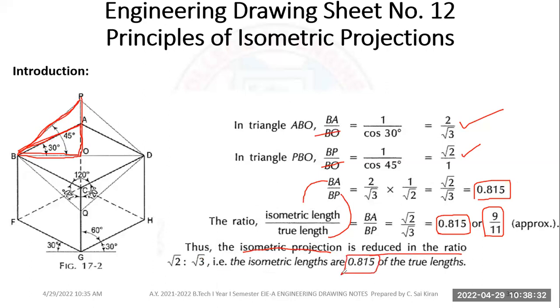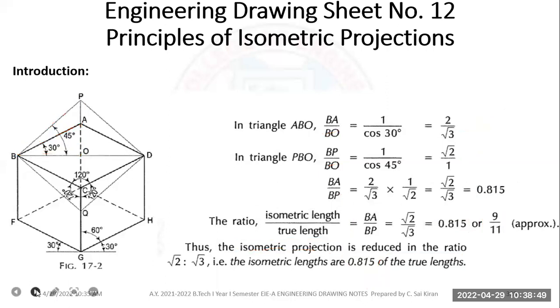There are two terms, isometric projection and isometric view. Whenever we are making an isometric projection, because we are rotating at an angle of 30 degrees, compulsorily we need to reduce the length to 0.815. Whenever we are seeing the isometric view, there is no need of conversion, it should be true length. We'll see that in the next slide.